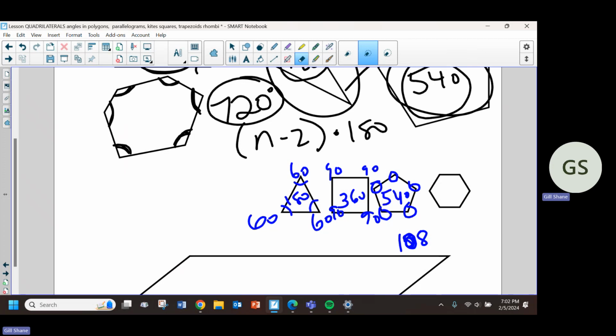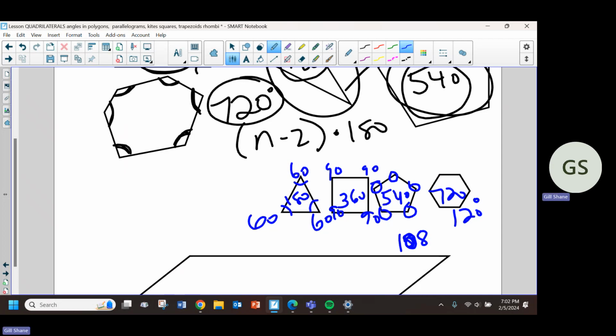So this is 720 in this. So 6 goes into that once, twice. So yeah, 120 degrees for each individual angle. Again, this 120 is each individual angle. They're all the same measure. So if they have to total 720, then they all have to individually be 120.